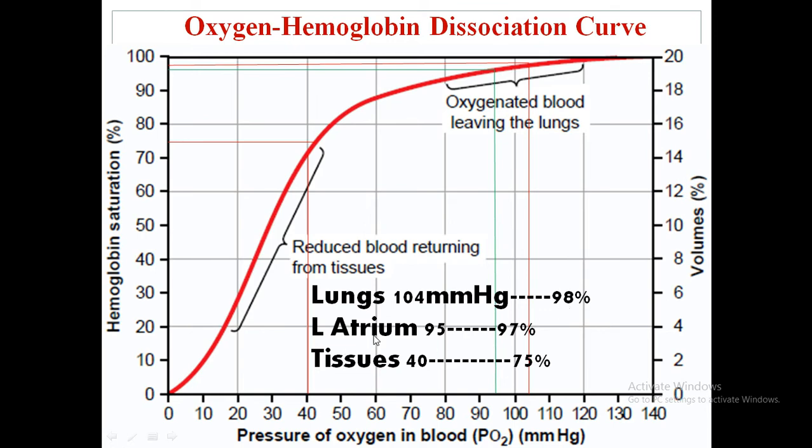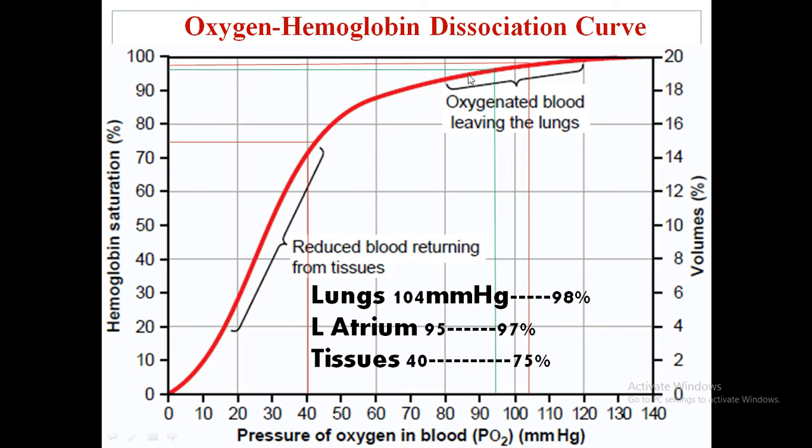In the left atrium, the partial pressure drops down, and it is shown here by the green line. It comes to 95, while because of the mixture of venous blood with arterial blood, the saturation also decreases to 97%.